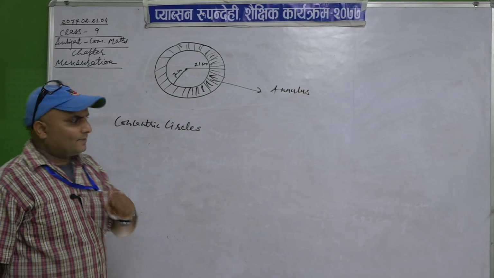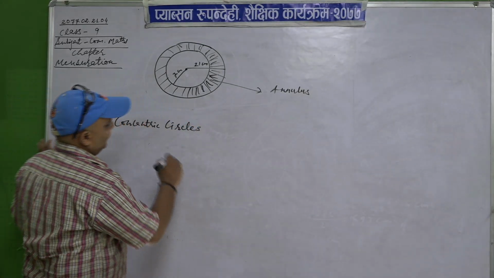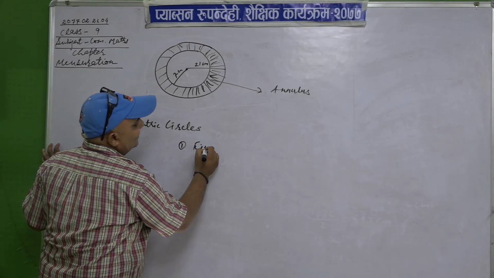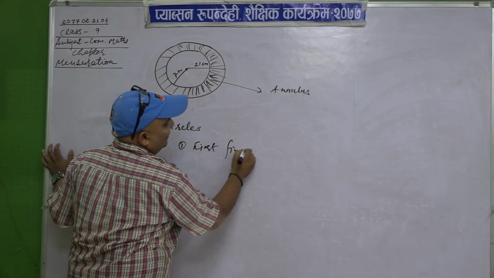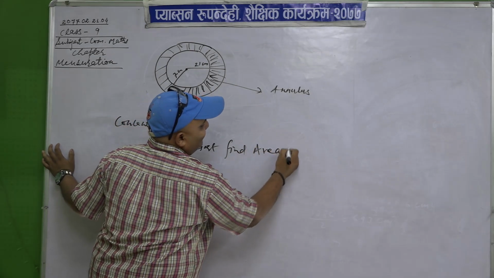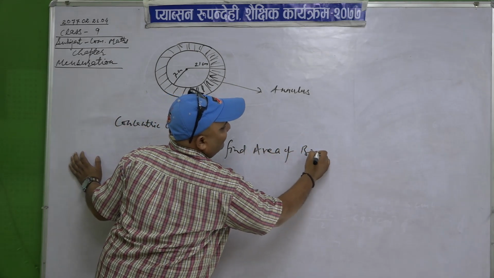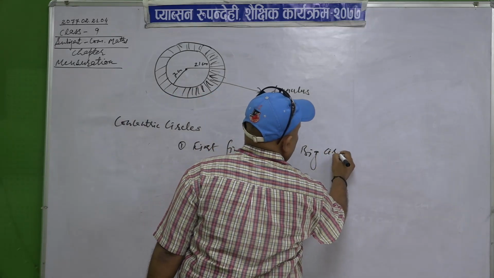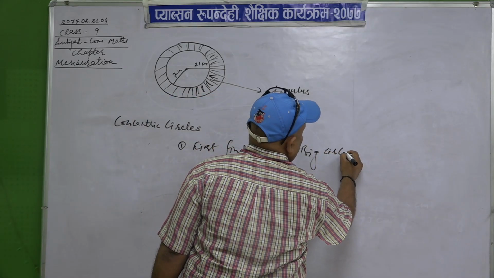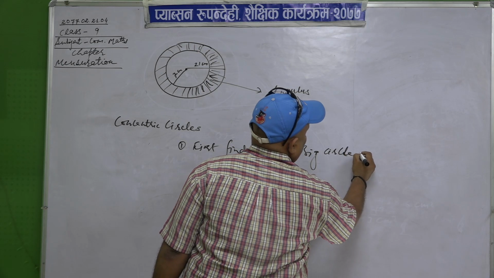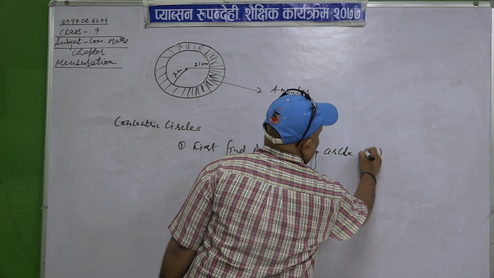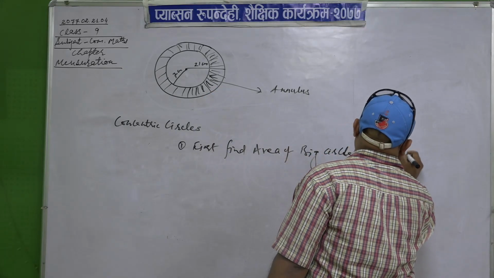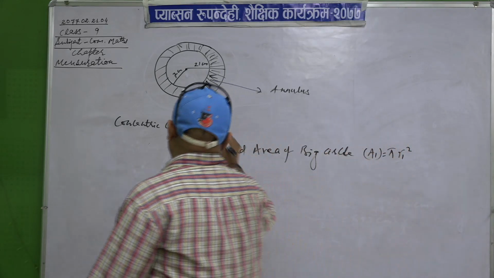My time is going to finish, so I am giving only the concept. How to find it? First, find the area of the big circle. Suppose this is A1, using the formula pi r1 square.